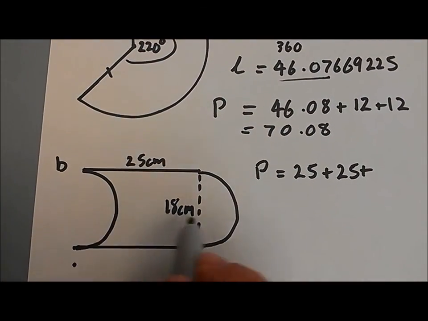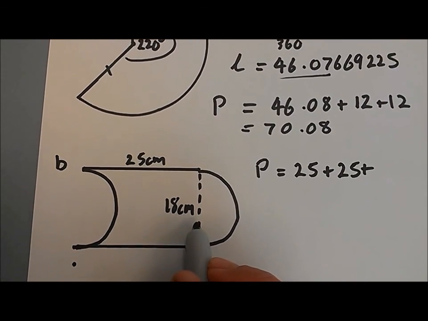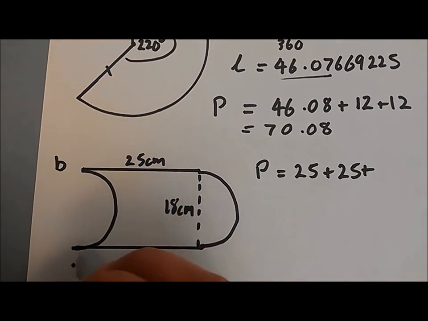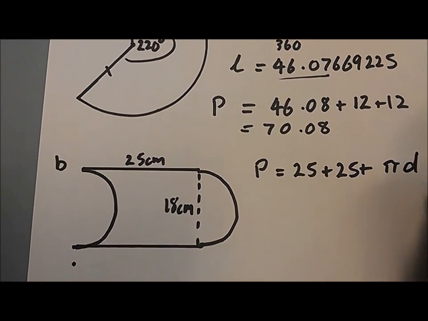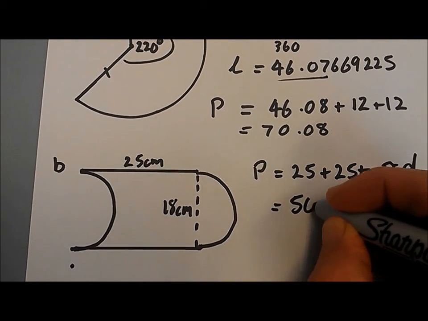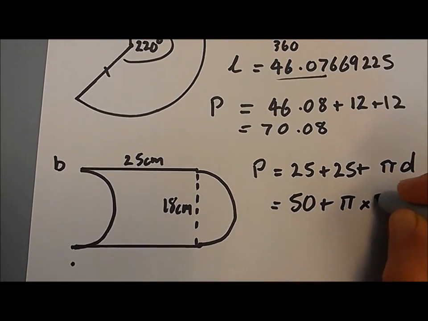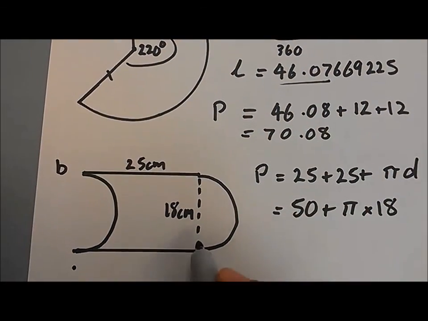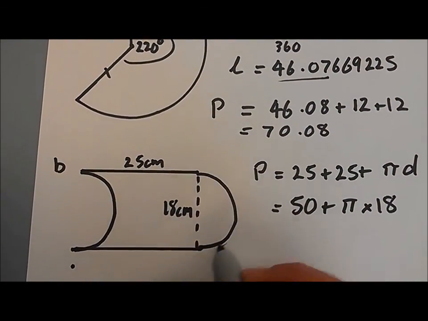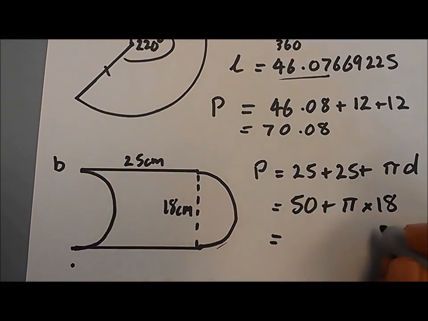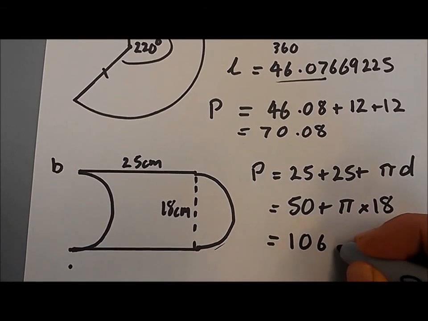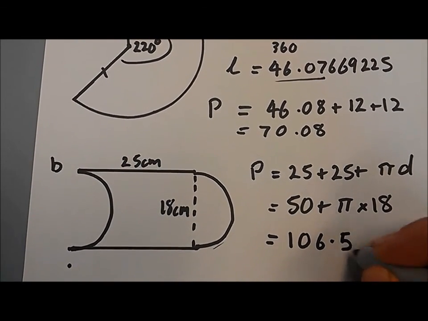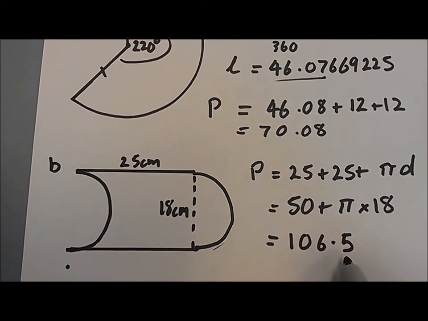Both the semicircles are the same radius, diameter, so really the two semicircles I can consider as one circle, so plus a pi d. So that's going to give me 50 plus pi times 18, given that's the diameter of the circle. Those two together make one full circle, and then when I calculate that, I get 106.5 to 4 significant figures again.